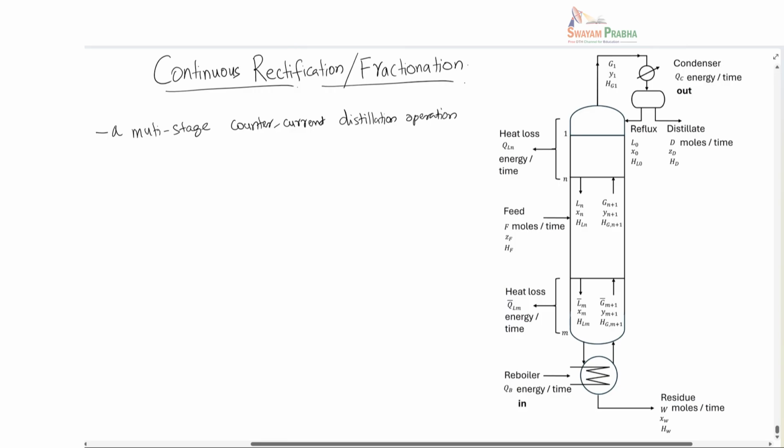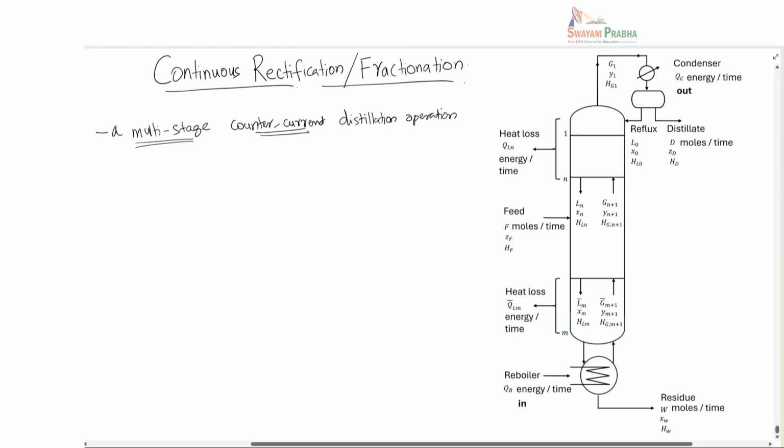So as I said before, this is multi-stage. That means there will be several places in this equipment where the liquid and the gas will be brought in equilibrium, and then they are separated, and then they are again vaporized, separated, and so on. So there's a cascade of operation that we are going to look at. That's what's called multi-stage.